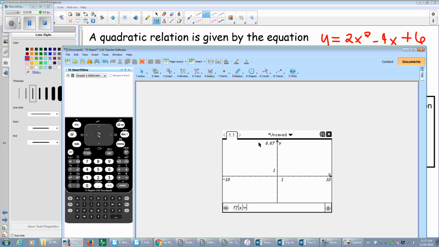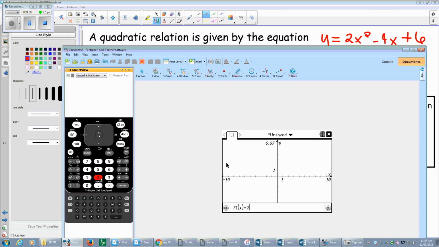Okay, let's enter in the equation. So we have f1(x) equals, so we put 2x squared minus 4x plus 6, and then we hit enter. How many of you got a picture that looks like this?